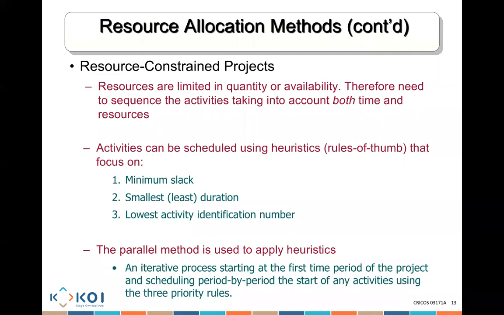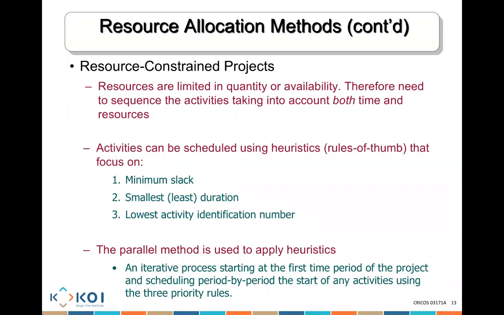After you have done the activity that has a minimum amount of slack, and there are no more activities that have a minimum amount of slack, then you try to use the activity that has a minimum duration. And after you use the activity that has minimum duration, and there are no more activities with a minimum duration, you make the activity that has the lowest activity identification number.